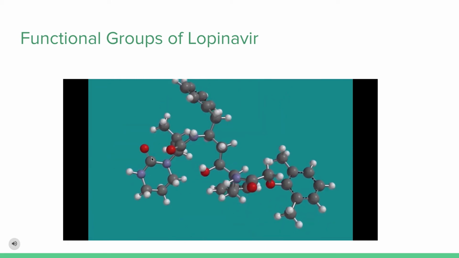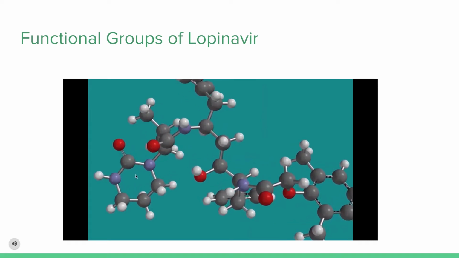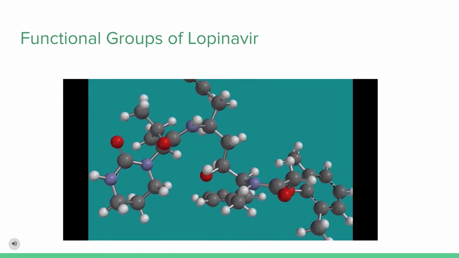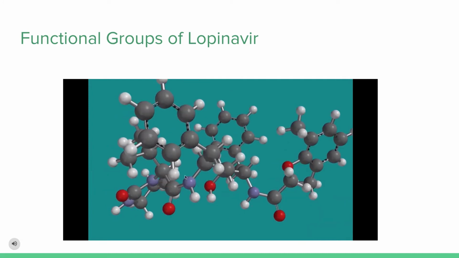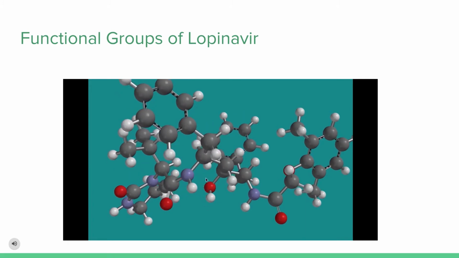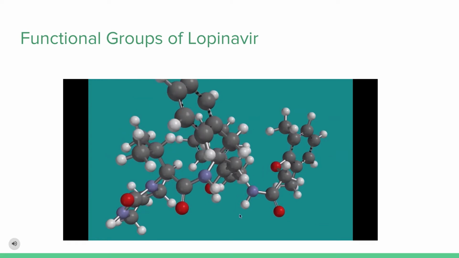The first type of hydrogen bonding we see is the NH when we zoom into that ring. Next, we have another NH as we rotate. And then that OH bond from that alcohol is another hydrogen bonding, as well as the NH group right there.